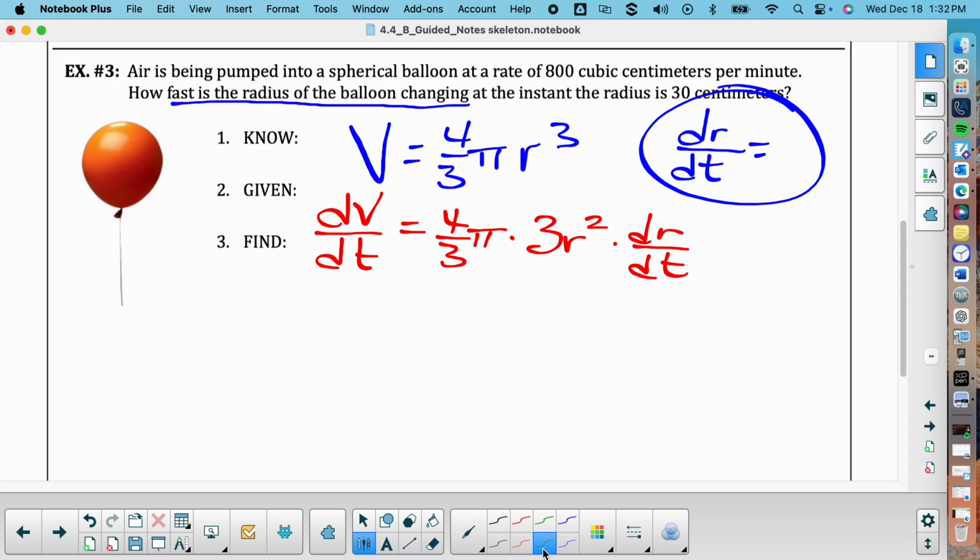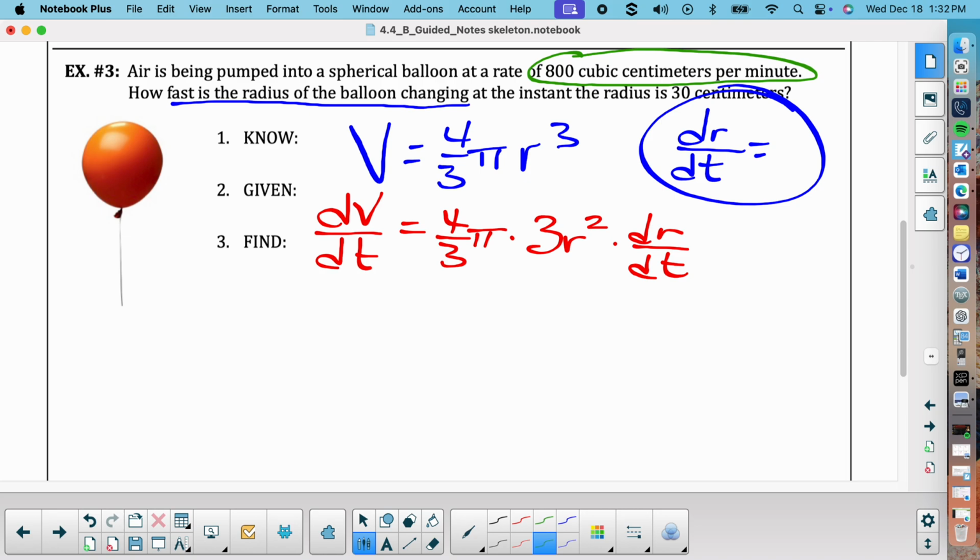Okay, so what I was hoping you could tell me is what information does the problem tell us to be able to put into the equation? Okay, so what does the 800 stand for? Like what is the label? Which one of these is 800? Okay, thank you.